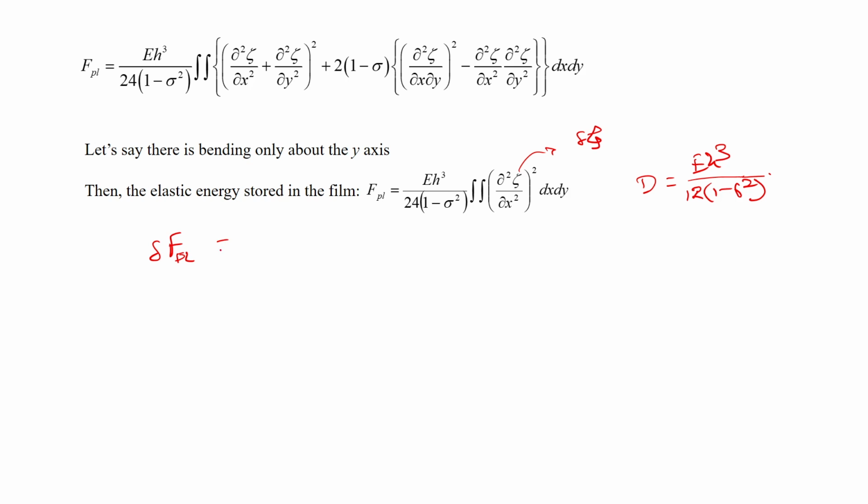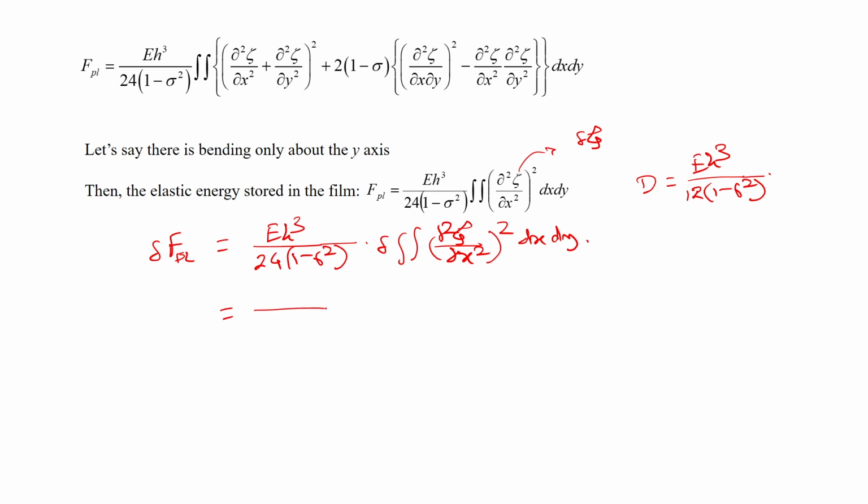Therefore, we can write this as E h cube by 24 into 1 minus sigma square, and delta of the integral of del square zeta by del x square, whole square, dx dy. So this is E h cube by 24 into 1 minus sigma square into delta of this.